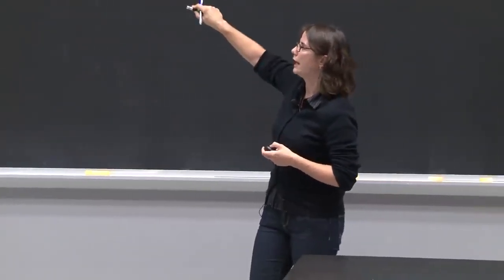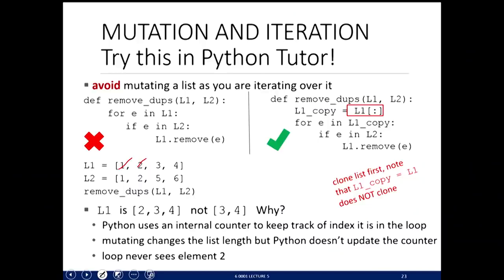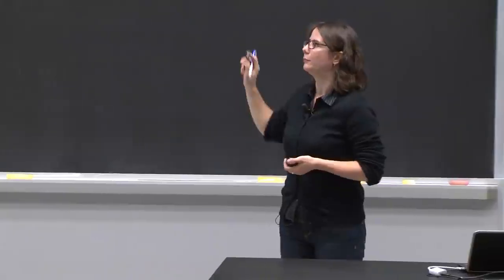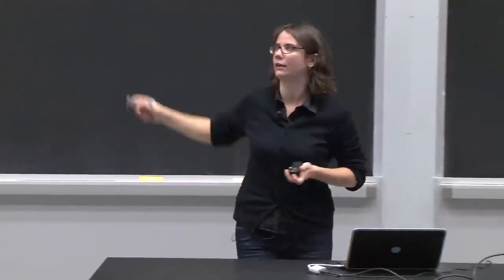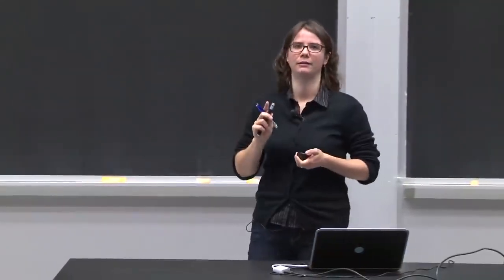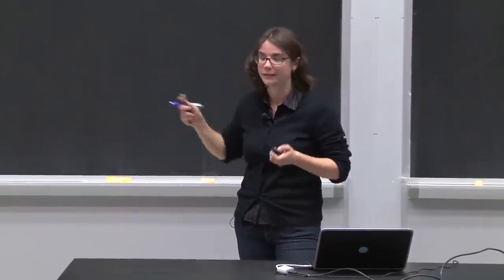So the solution to that is to make a copy of the list first, iterate over the copy, which will remain intact, and modify the list that you want to modify inside the loop. So please run both of these in the Python Tutor, and you'll see that what ends up happening is on the left, you're going to skip over one element. Okay, so that's going to be the wrong code. All right.